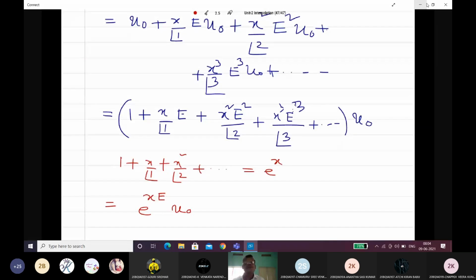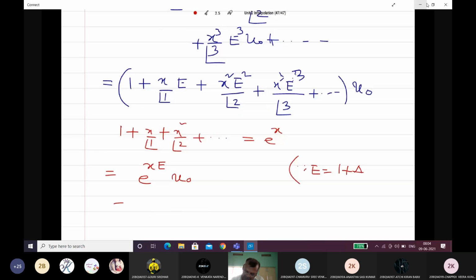And what is the value of E? We know the value of E is equal to 1 plus delta. That we have to apply here. That is equal to e power x into 1 plus delta of u0. Now we have to split this one as e power x into e power x delta into u0.